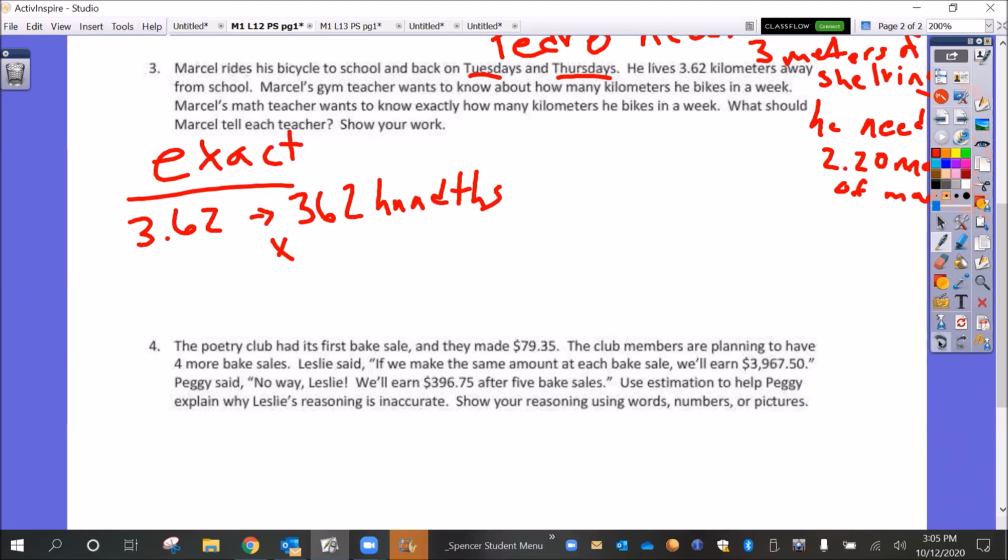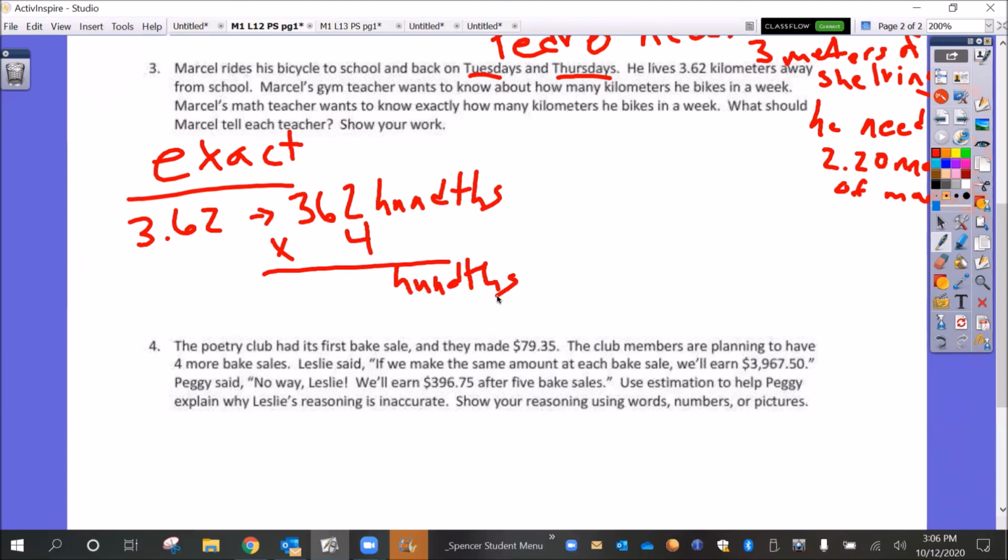But, oops, let's think about that. To and back from school. And they're only telling us how far he lives away. So that's to and back from school on Tuesday and to and back from school on Thursday. So that's actually 4 trips, right? And we know that our answer is going to be in hundredths. So I'm going to leave that set up for you.